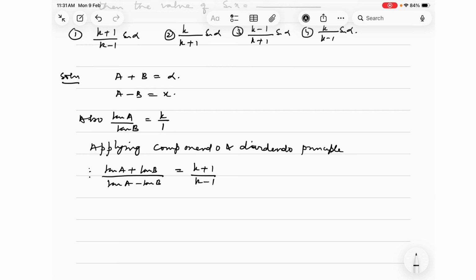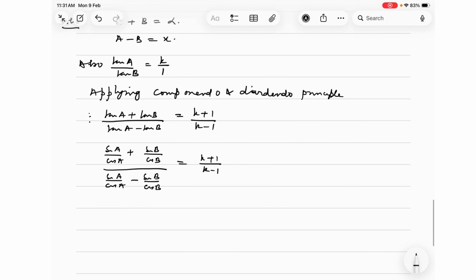If you write tan A in terms of sin A and cos A, this is (sin A by cos A plus sin B by cos B) divided by (sin A by cos A minus sin B by cos B), equal to (k plus 1) by (k minus 1).